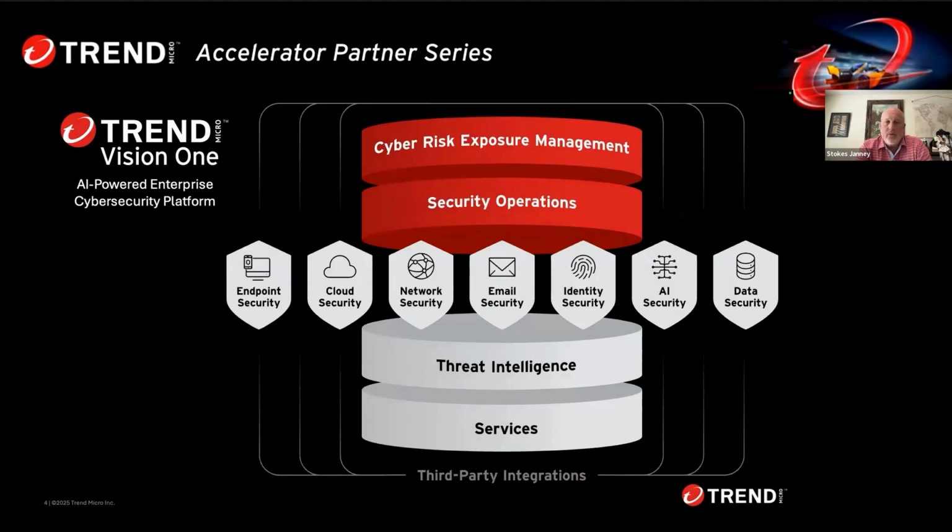So our Vision One central console is illustrated here, and you can see at the top the cyber risk exposure management, and that's really going to generate a risk score. We'll probably have some slides to share with you about Vision One. You can see the individual components from endpoint security, cloud, on-prem data center, the hybrid data center of today's operations.